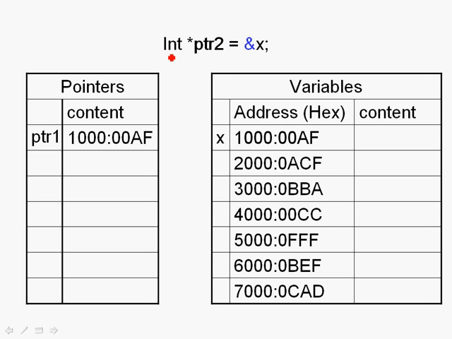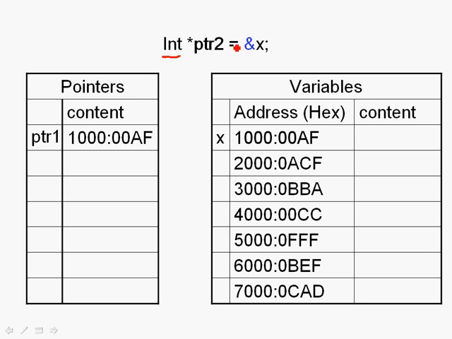Now I'm going to declare another pointer, and we have to use the type int. Before we used int star with no space before the name. We can use this syntax too, it's correct too: int space star ptr2, or the name of our pointer, here I chose the name ptr2.